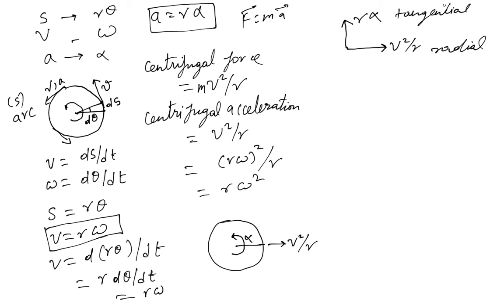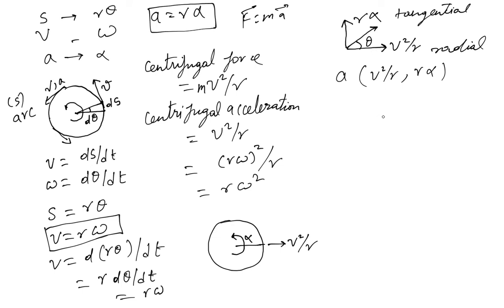Okay, so this is how your acceleration is, and you can simply write it as v square over r comma r alpha at some velocity and some time, because velocity is increasing because of alpha. So this is only for a certain time. And what is going to be the magnitude? This is in the Cartesian system. You can change to the polar system.